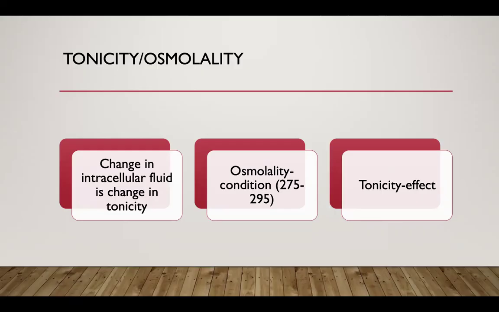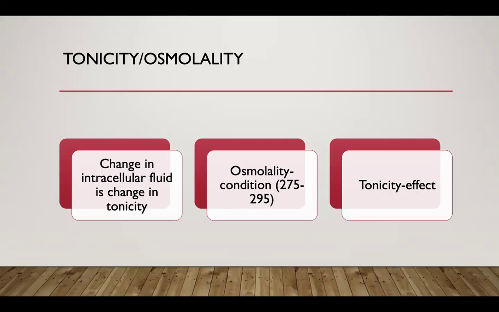If you're losing pure water, that increases the osmolality of the fluid inside of your vessels and your interstitial fluid. So there are more particles per solution, right? Your normal is 275 to 295. Your osmolality increases when you lose pure water, and it would decrease when you gain pure water.